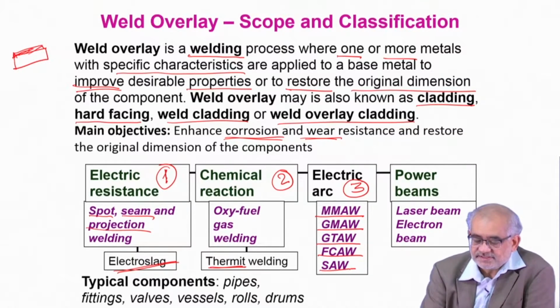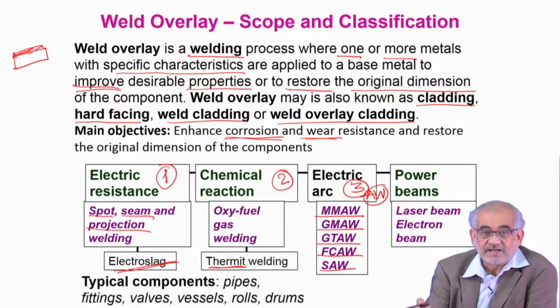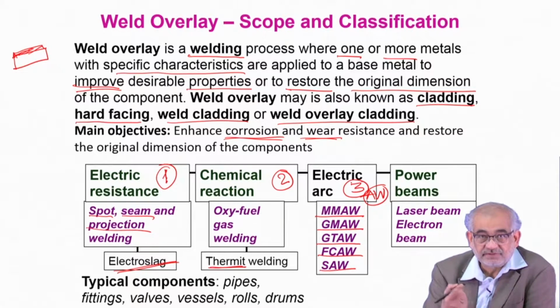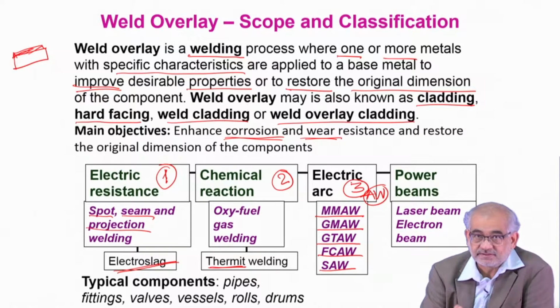So in all these cases, what is common is the arc welding. The arc welding essentially requires that you create an arc between the two electrodes by application of very high electric potential difference, and the arc creates such a high temperature that the filler metal or something around melts and fuses and then fills up.